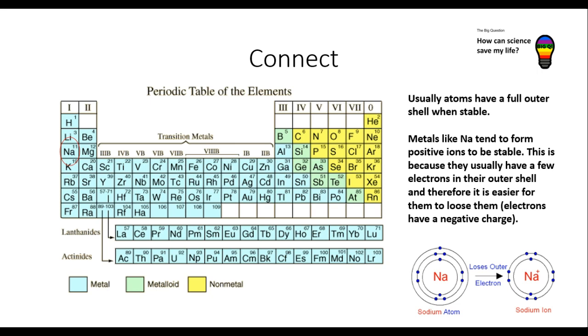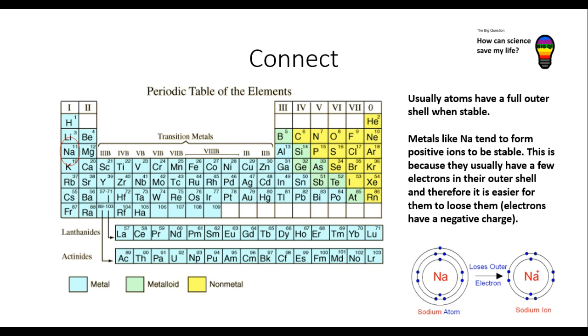And metals like sodium tend to form positive ions. It's here in the periodic table. This is because they usually have a few electrons in their outer shell, and therefore it is easier for the metals to lose them. Remember, electrons have a negative charge, so by losing electrons, an atom becomes more positive.